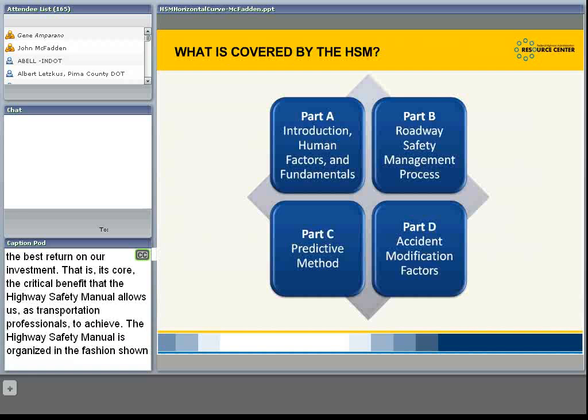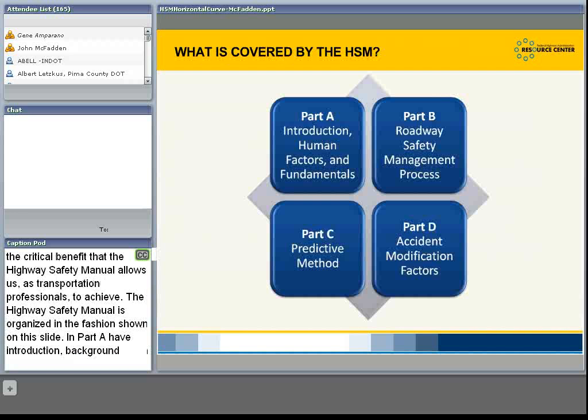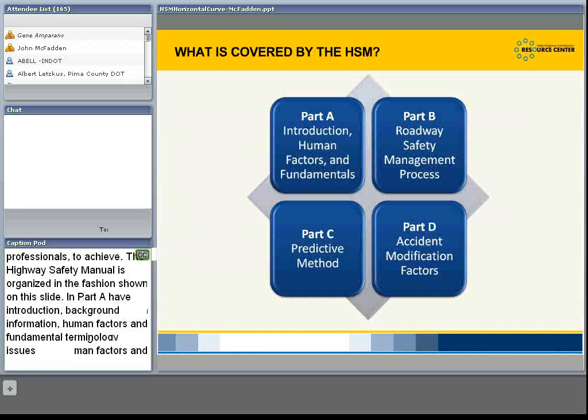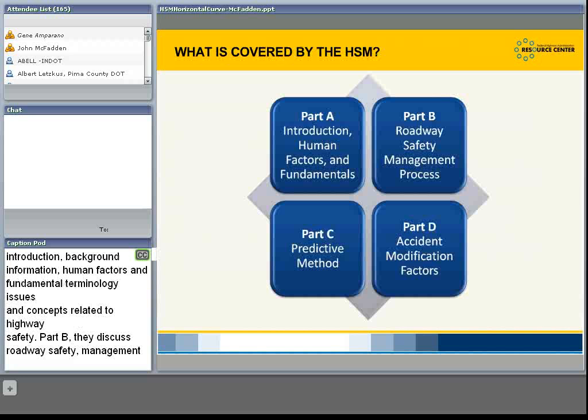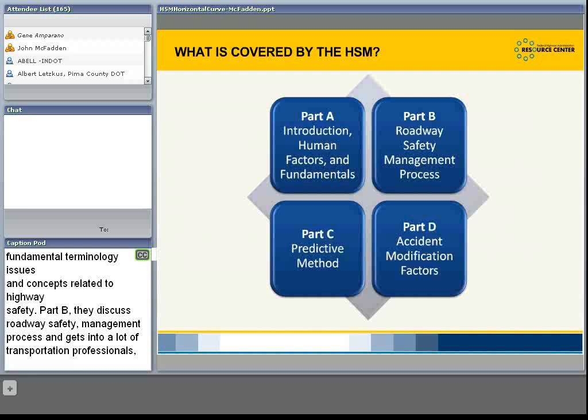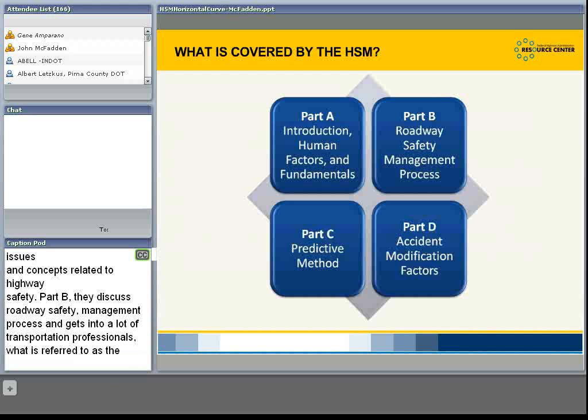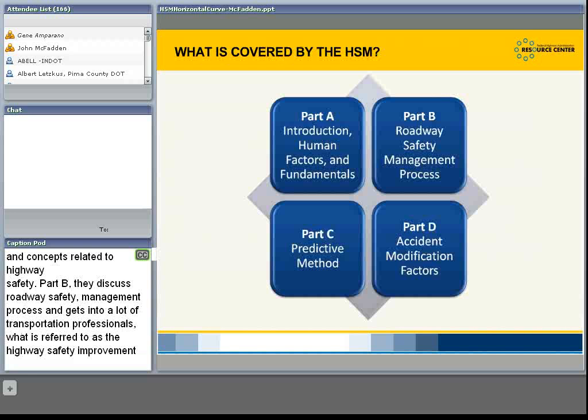The Highway Safety Manual is organized in the fashion shown on this slide. In Part A, you have introduction and background information, human factors, and fundamental terminology issues and concepts related to highway safety. Part B, the safety manual discusses road safety management process and specifically gets into what a lot of transportation professionals refer to as the Highway Safety Improvement Program, HSIP process.